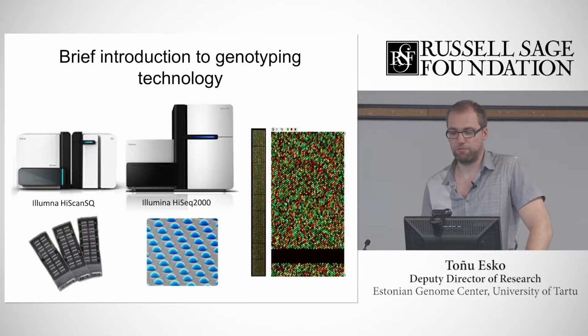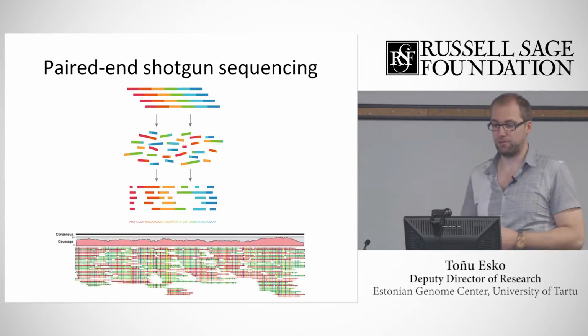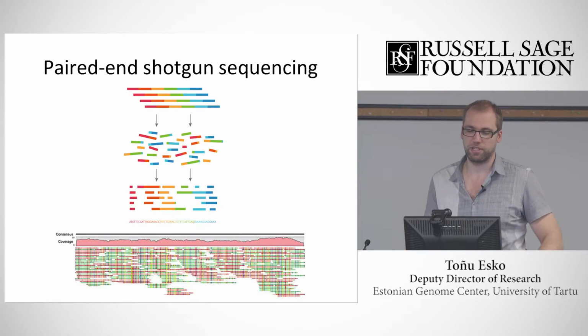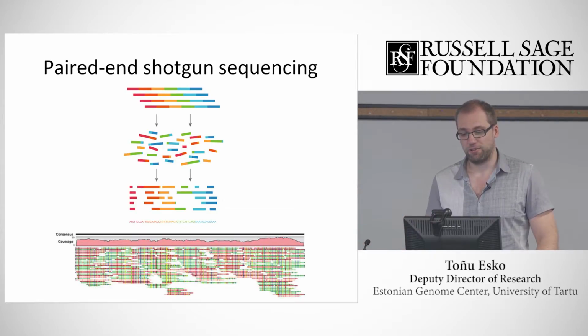Usually genotyping one person, the scanning takes an hour, but the whole process is usually about 2 days. Very briefly, if we want to know the full human genome, not just certain positions in the genome, how it works in principle, not going into the details: we take the genome, cut it into pieces randomly, and select the pieces that are usually about 300 base pairs long.